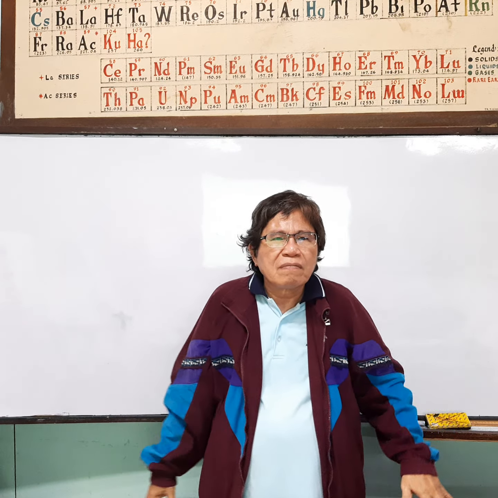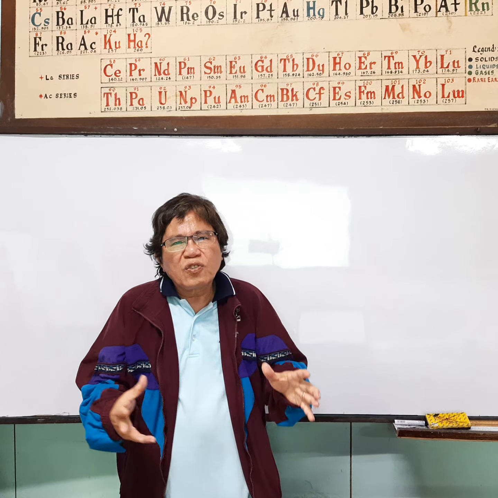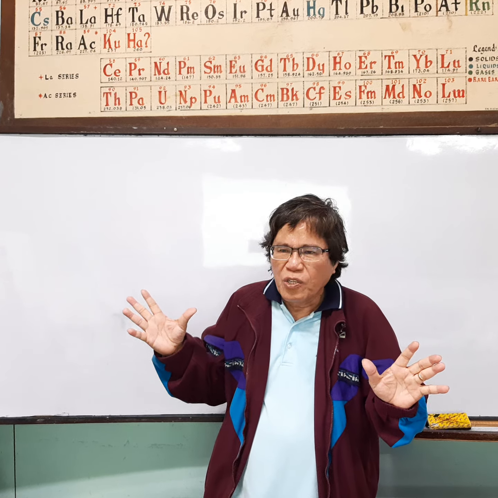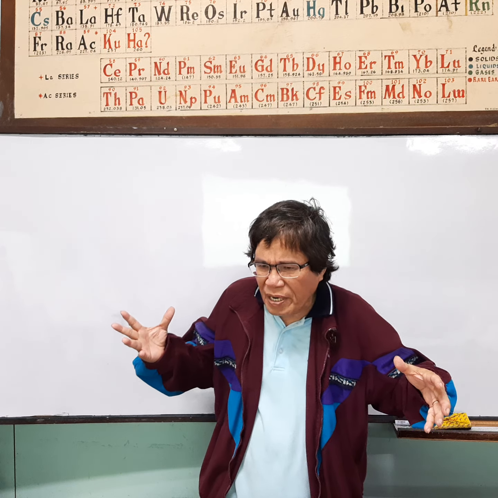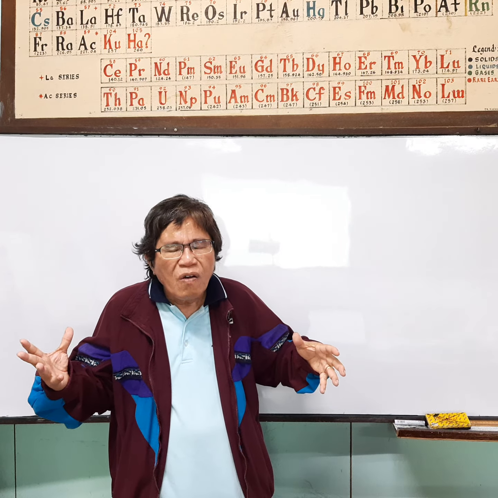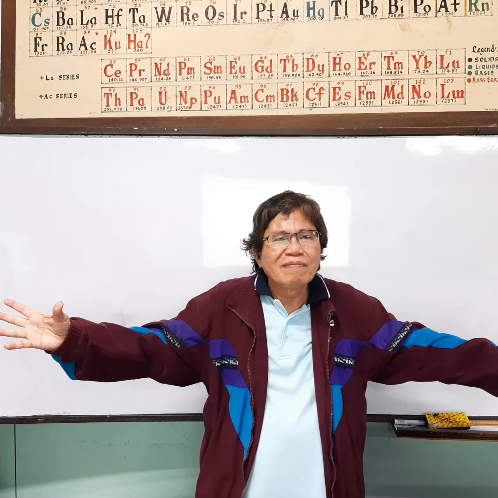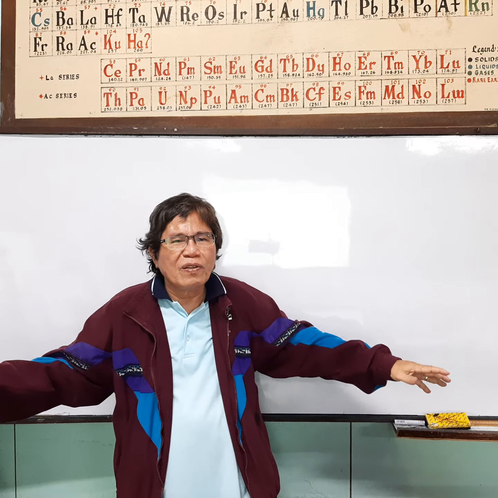Note that without the existence of these universal laws, like the universal law of gravitation, this law of physics is applicable anywhere in the universe. Okay? Anywhere in the universe.